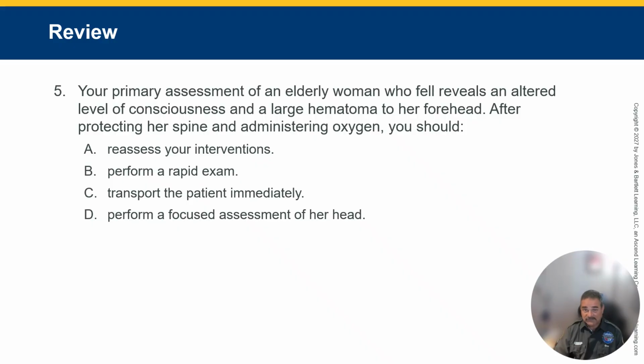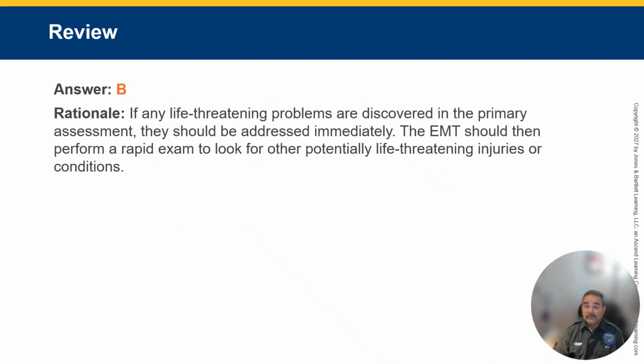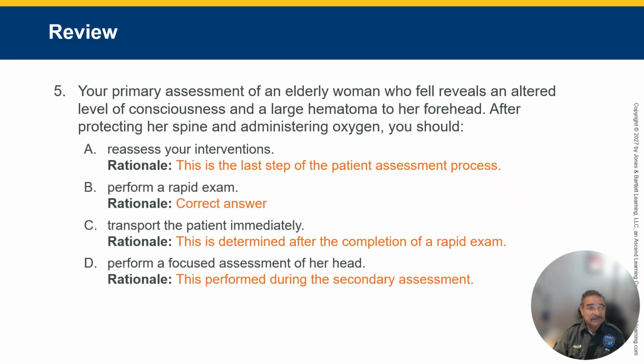So you recognize that there is a hematoma. You're protecting spine, you're giving oxygen. Rapid body scan, rapid trauma survey. Yes. B, you got to go from head to toe. We need to find other potentially life-threatening injuries. Rationale.